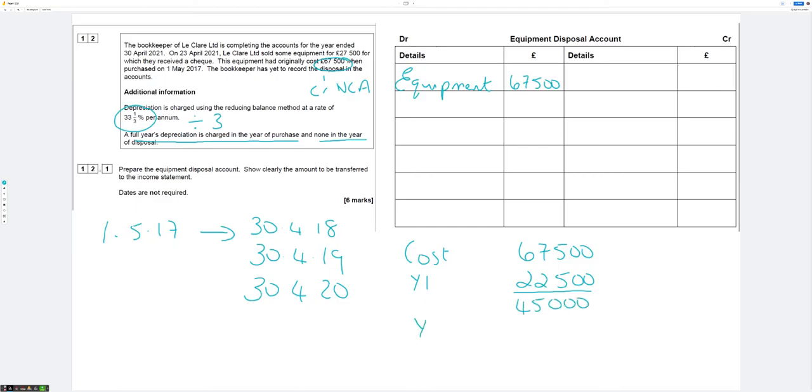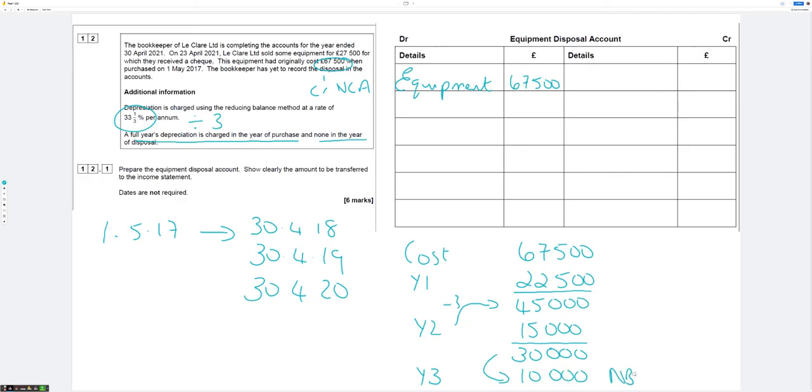Year 2's depreciation, we're dividing that net book value by 3 again, because we're doing a third. 33 1/3% is the same as dividing by 3, remember, so that's $15,000 of depreciation there, which leaves us a net book value at the end of year 2 of $30,000, and then in year 3 we're going to apply another 33 1/3, we'll divide that by 3 to get the depreciation.